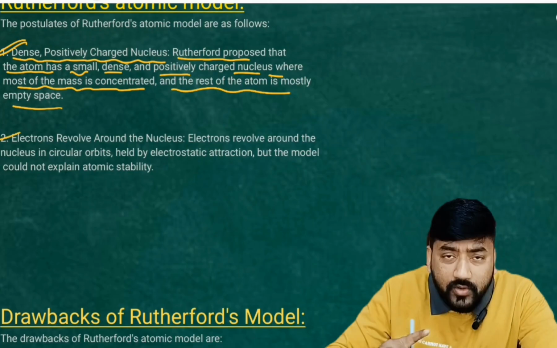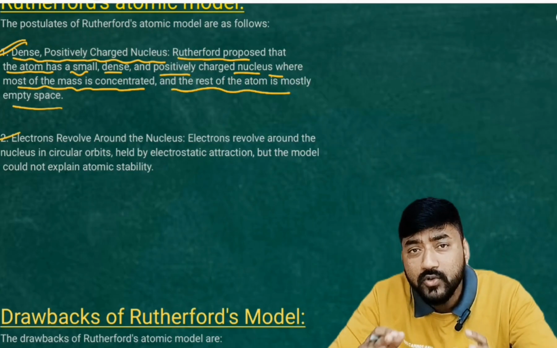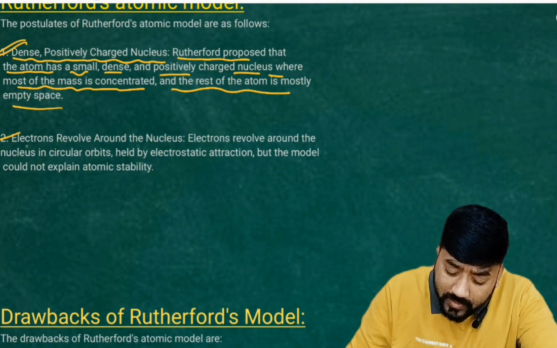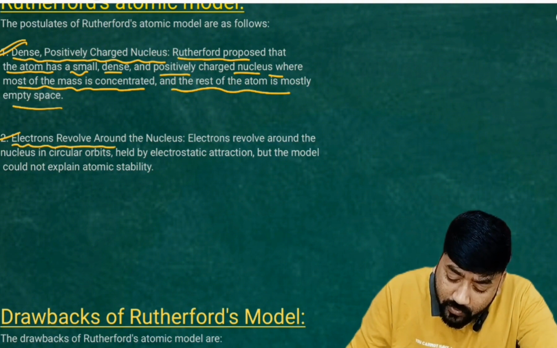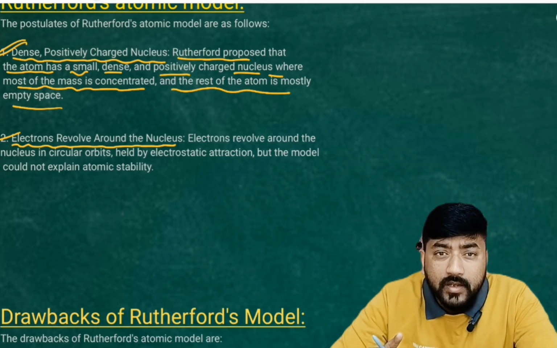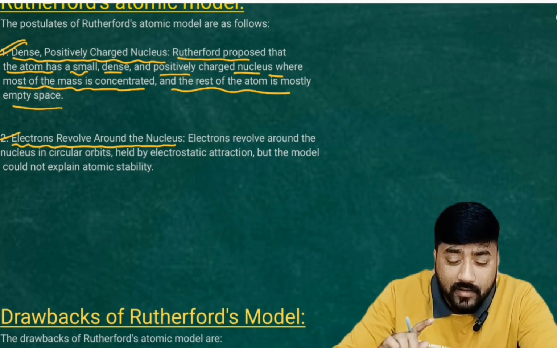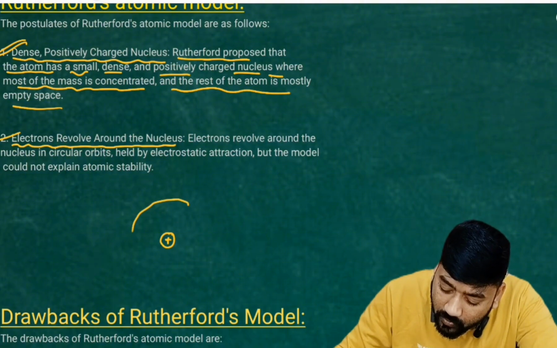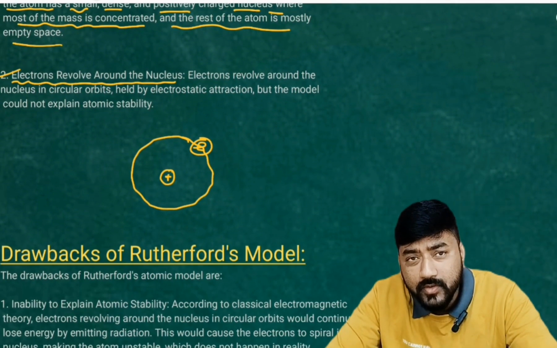So what should the second postulate be? Where will the electron reside? So the second postulate of Rutherford is that electrons revolve around the nucleus. इसका मतलब इलेक्ट्रॉन जो है वो न्यूक्लियस के आसपास चक्कर लगाएंगे. So if here is a nucleus of positive charge, then electrons will move in this way. So how did Rutherford think this?